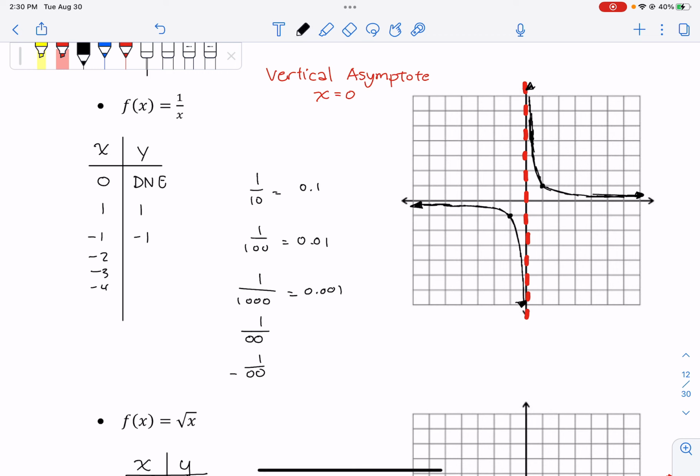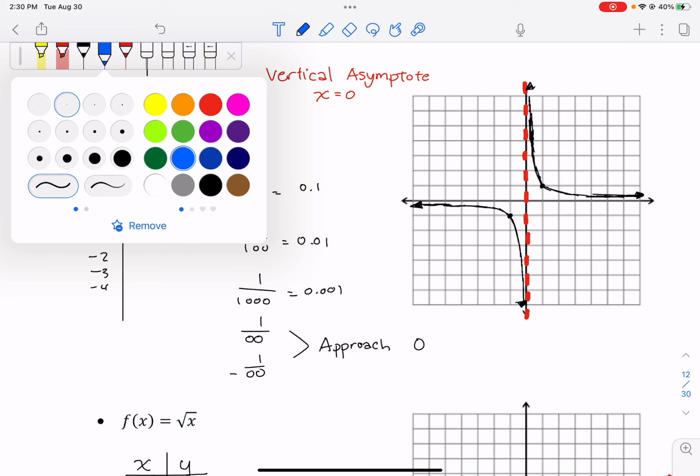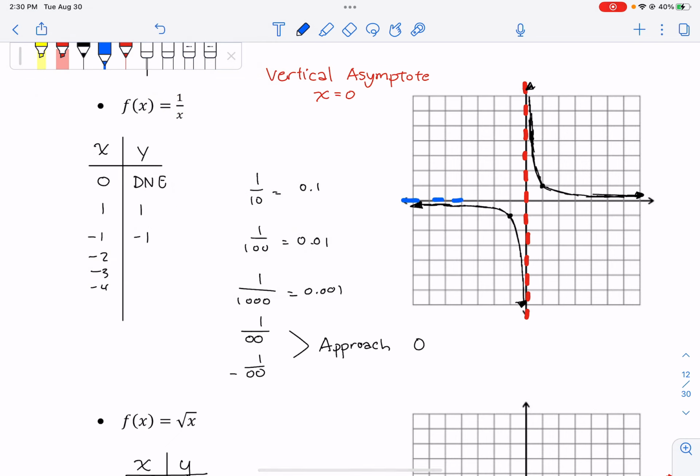So these numbers approach 0. And this is what we call a horizontal asymptote.